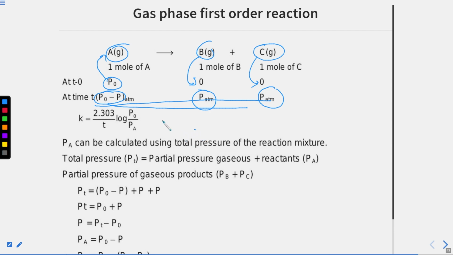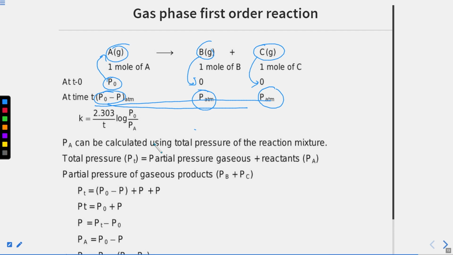Clear, right? Now I have told you earlier, this is a first order reaction. So what can we write about this? We can write the integrated rate law, that is k equals 2.303 over t log P naught over PA. What is P naught here? Initial concentration, I have told you earlier. What is PA? PA is the pressure of A at time t.